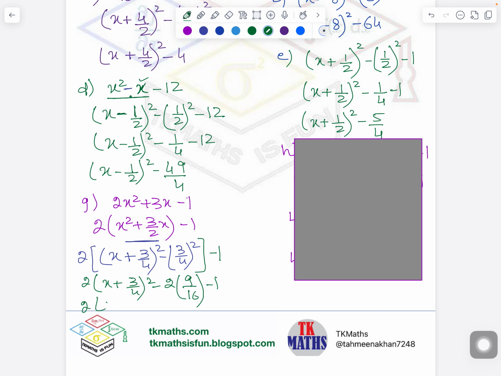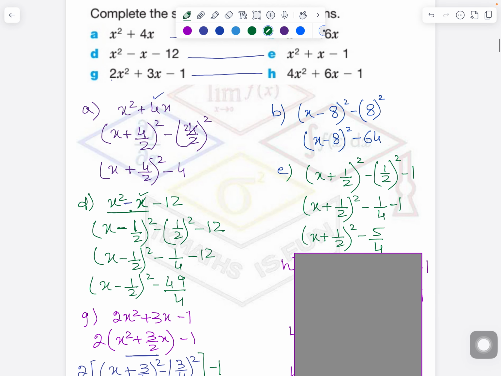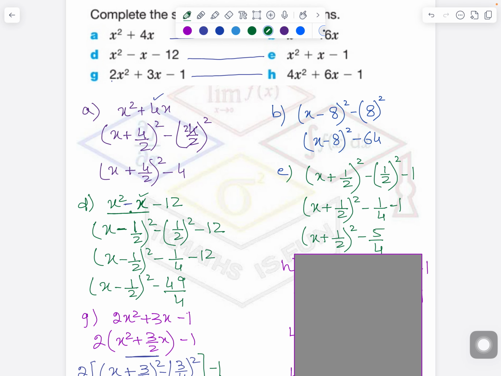So it will become 2 times x plus 3 upon 4 square. Let me check in the calculator what this will become. Okay, so it will become minus 17 divided by 8. Okay, so now you can try part H and I will show you the solution of it.